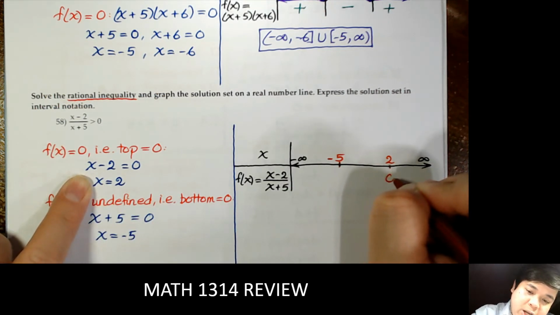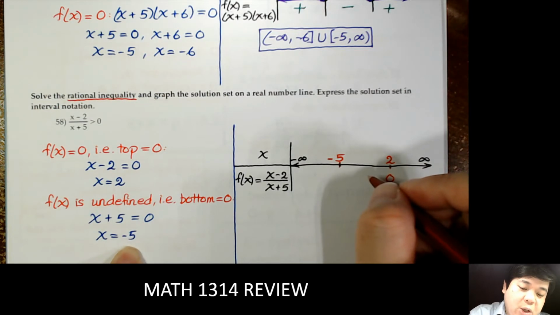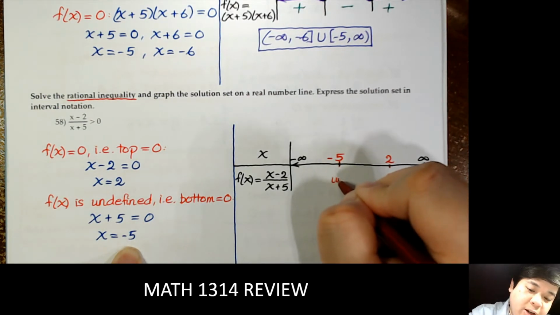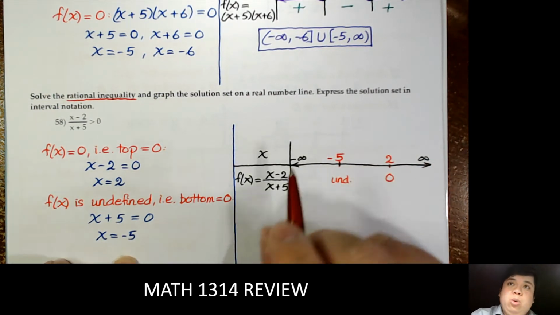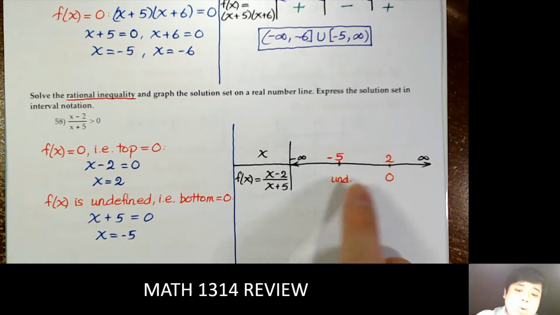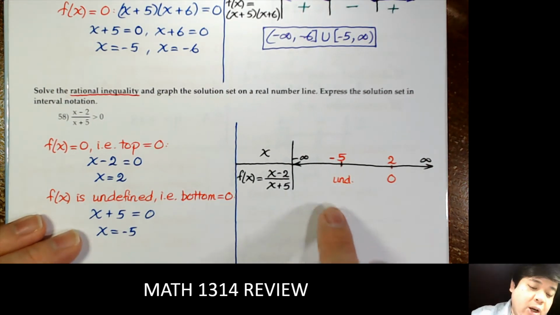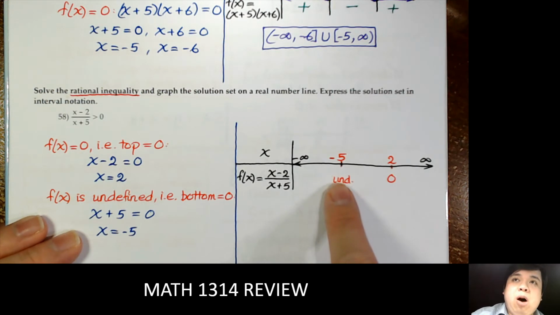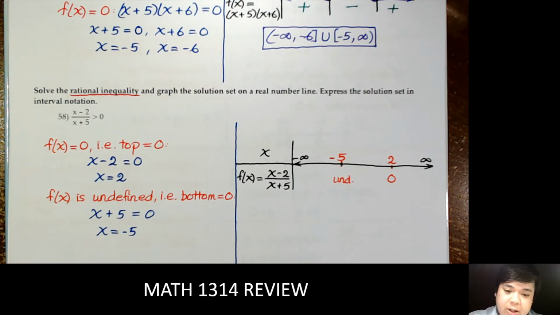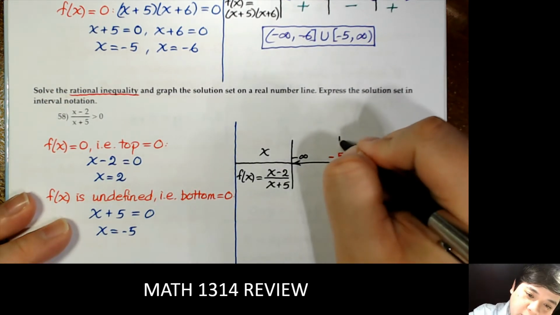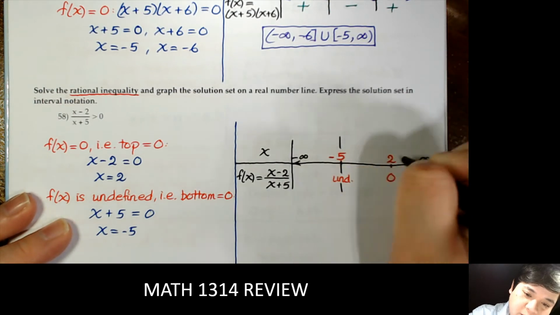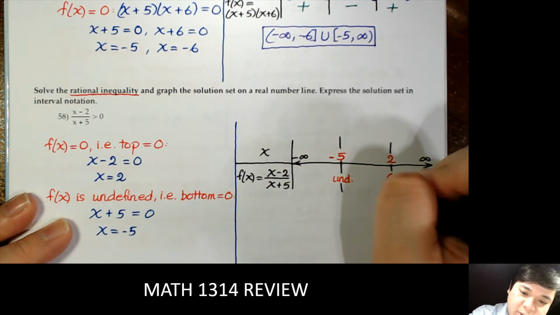So put 0 there as well. And when x equal to negative 5, it is undefined. So in this case, we have to distinguish where it is equal to 0 and where it's undefined: where the top is equal to 0, and where the bottom is equal to 0. Okay. So we have the table divided by negative 5 and 2.